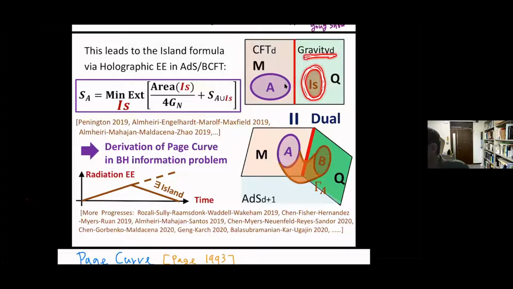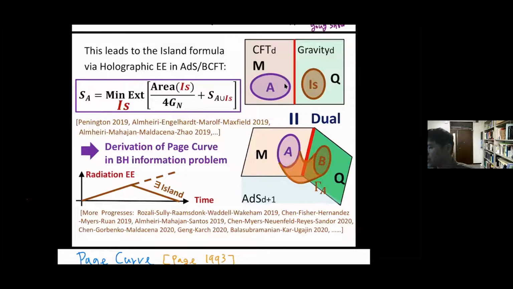Once you cut space into two parts, there is always some edge contribution, which is just the area divided by 4G. There are two contributions; we sum them and take the minimization. Sometimes there is no island, since the island does not minimize the generalized entropy, but sometimes the existence of the island is important.